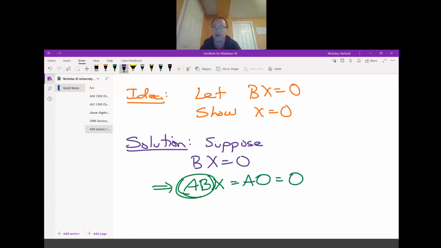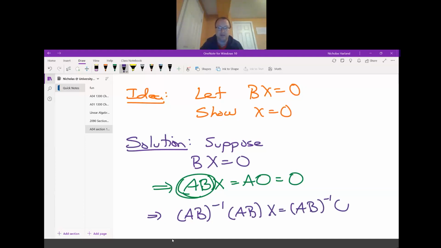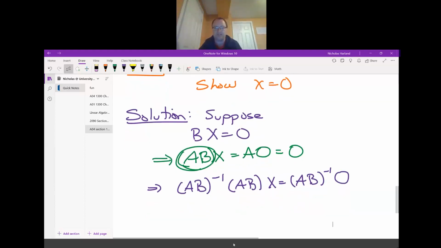Now it's A times B. We know that's invertible, so as somebody mentioned above, what can we now multiply by? We can multiply by AB inverse. Of course, you have to multiply the other side by AB inverse, but that's fine. And then the inverse and that thing cancel off, and we get that x equals 0 is the only solution.